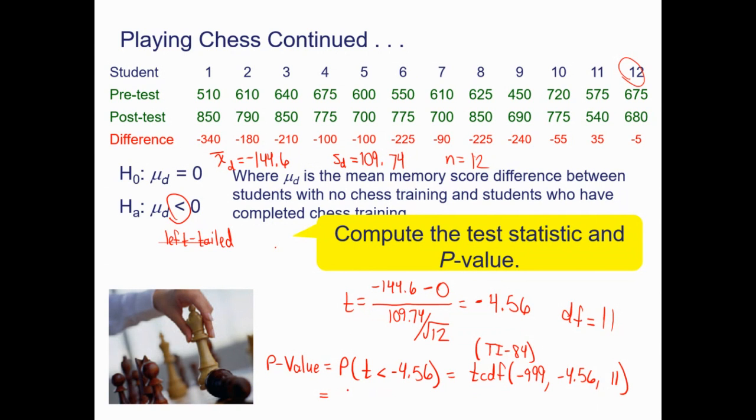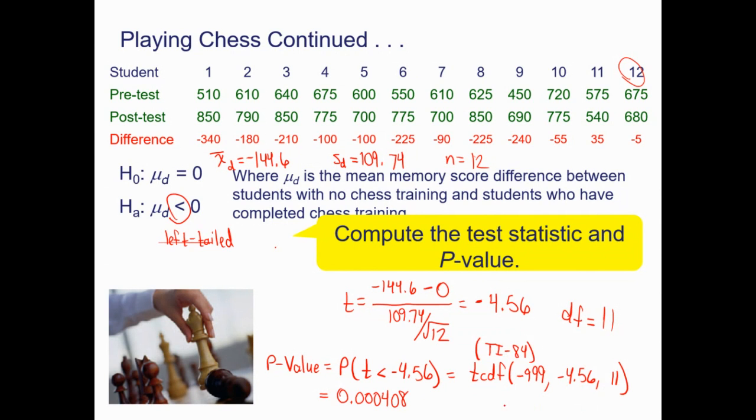It would give us our answer in scientific notation, like 4.0 something E negative 4. If I were to write that in standard form, the p-value is pretty much 0.